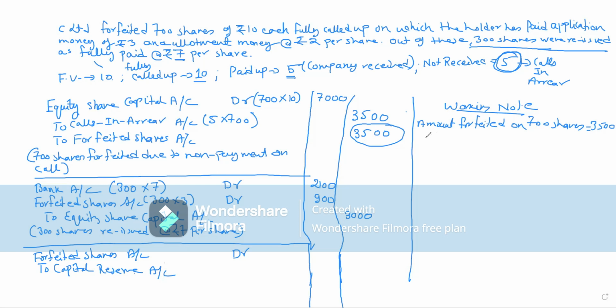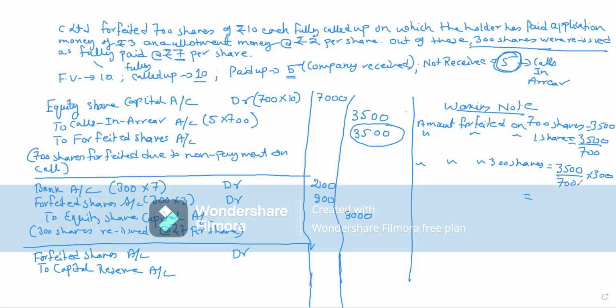No, sir. Amount forfeited on 700 shares is 3,500. The amount forfeited on one share is how much? 3,500 divided by 700. Then how much will the amount forfeited on 300 shares be? 3,500 by 700 into 300.